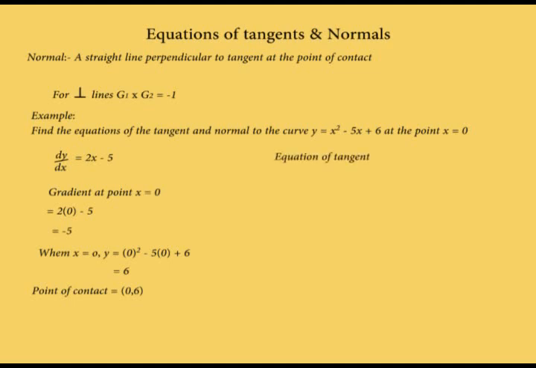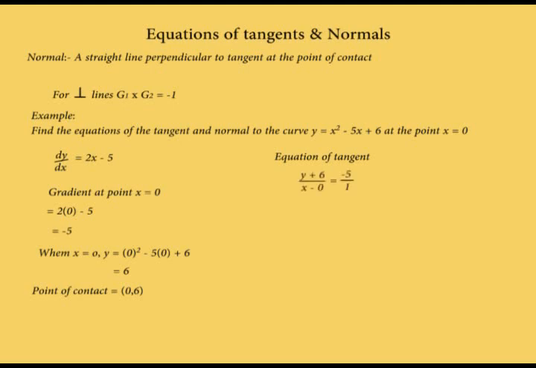Equation of the tangent. Now we have the gradient and a point. Gradient is negative 5 and the point is 0, 6. Now we find the equation of the straight line. We find an arbitrary point x, y, and then we do y2 minus y1 over x2 minus x1 and equate that to the gradient.